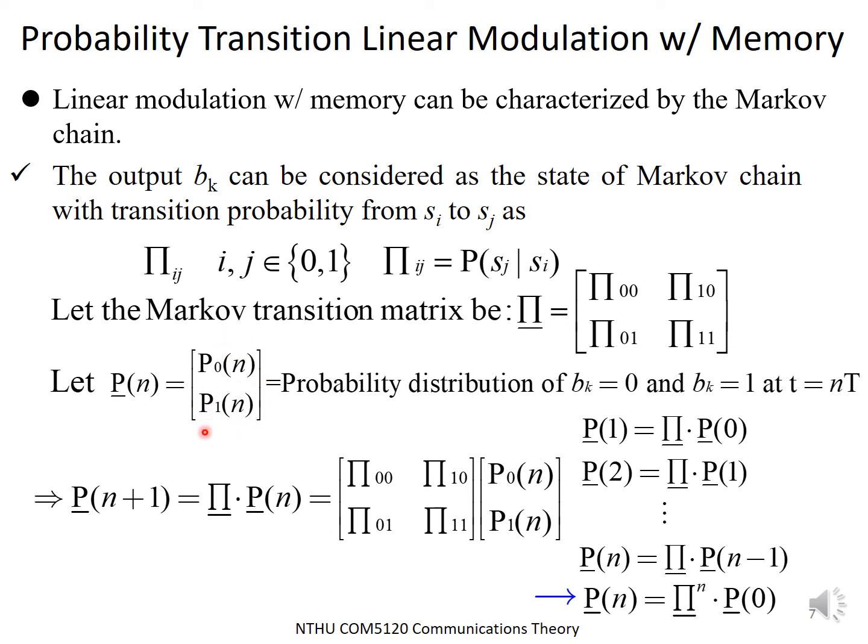It could be an unequal probability distribution at the beginning, and then after a few transmissions, we can find the probability of being 0 and the probability of being 1.